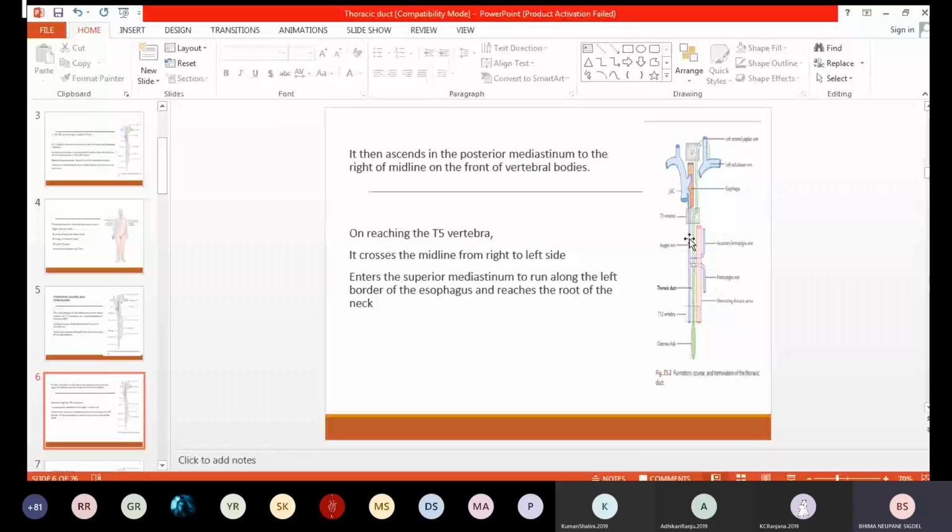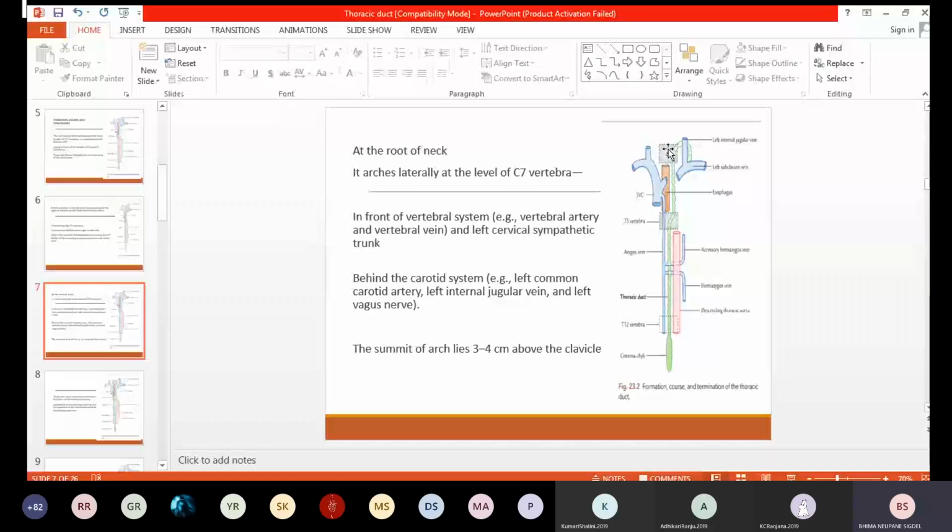Now in the superior mediastinum it is on the left side, the left margin of the esophagus, and it reaches the root of the neck. At the root of the neck, here you can see the superior mediastinum. After that you have to remember C7, the seventh cervical vertebra.